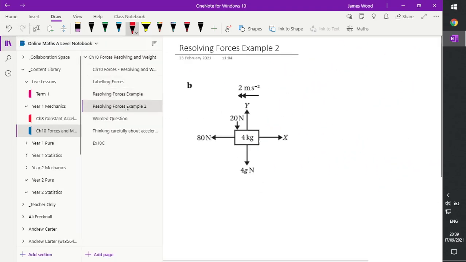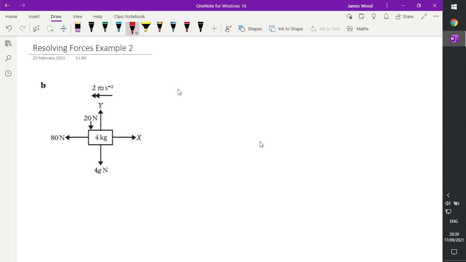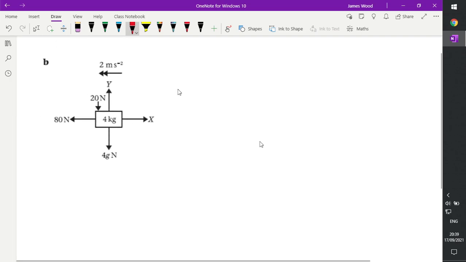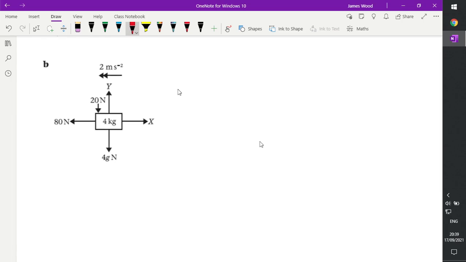Let's have a look at another one. Same sort of idea. This time our object is accelerating to the left at 2 meters per second squared. We've got the weight of 4 kilograms, so its force downwards is 4g. We've got a force to the left of 80, a force to the right of x, and we've also got an extra force downwards of 20 newtons.